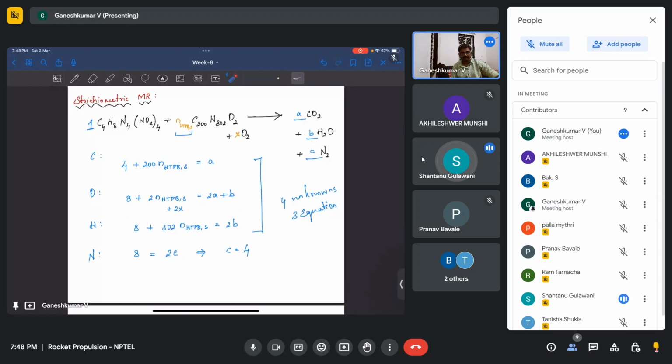But is there any question asking for the stoichiometric ratio between this HMX and binder? Can you continue, what were you telling? So they have given this composition of 85% of HMX with binder.